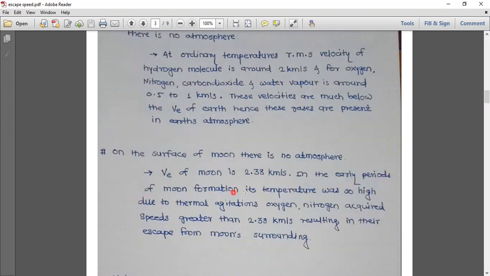And in the early periods of moon formation, its temperature was so high, and therefore due to thermal agitation, whatever gases were there acquired more speed than the escape speed of the moon, and therefore they escaped from the surface or surroundings of the moon, and therefore there is no atmosphere on the moon. Understood? So the reason is what?